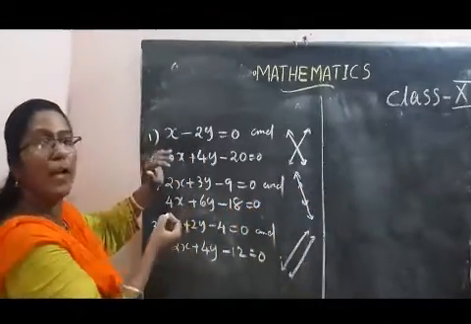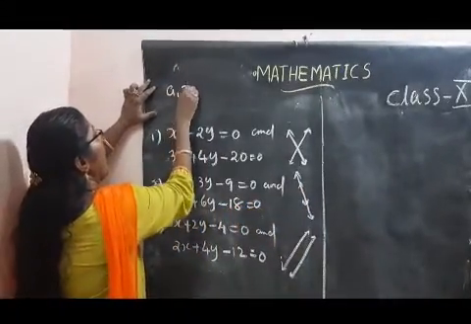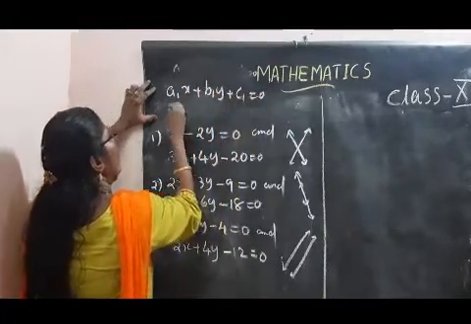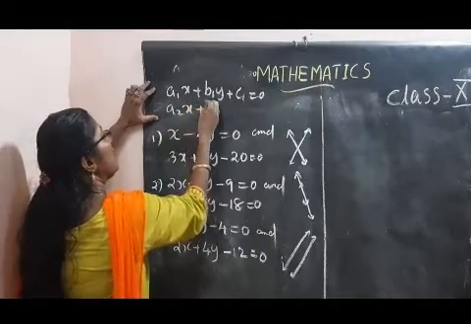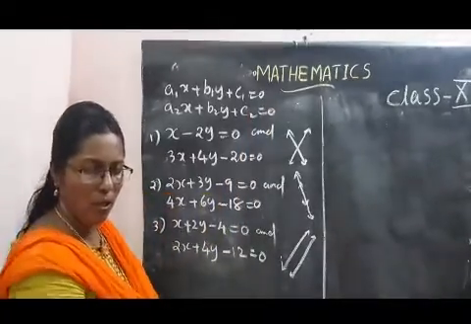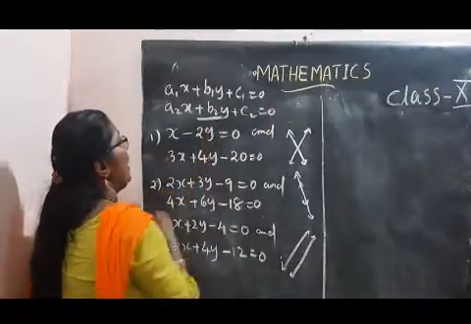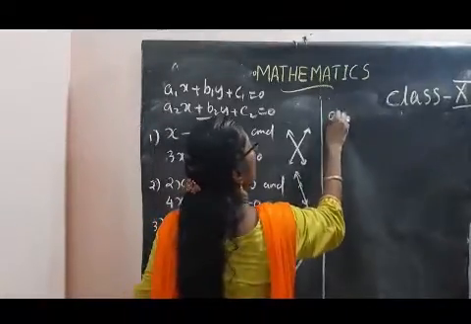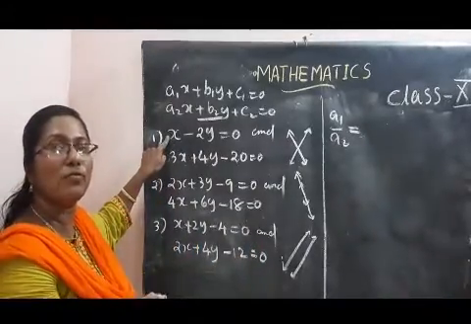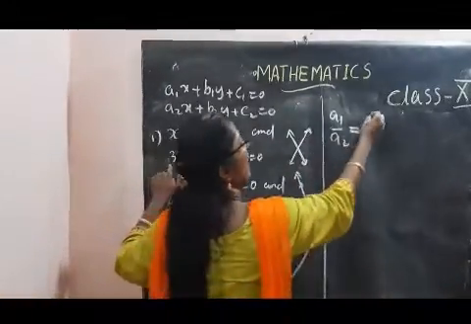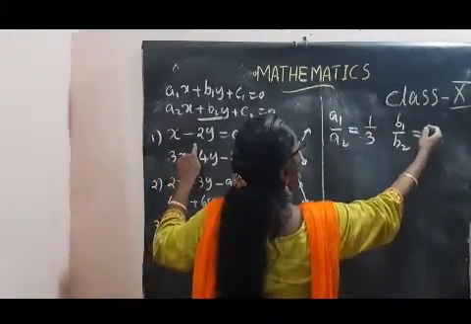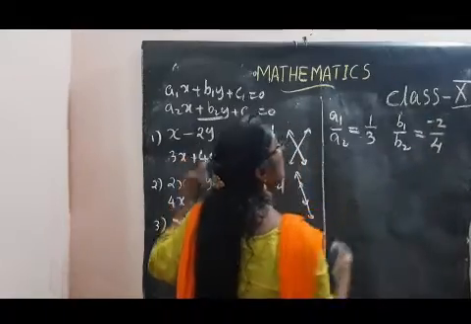The general form of a pair of linear equations is a1x plus b1y plus c1 equal to 0, a2x plus b2y plus c2 equal 0. For the first example, a1 by a2 equal 1 by 3, the coefficient of x, and b1 by b2 equal minus 2 by 4.